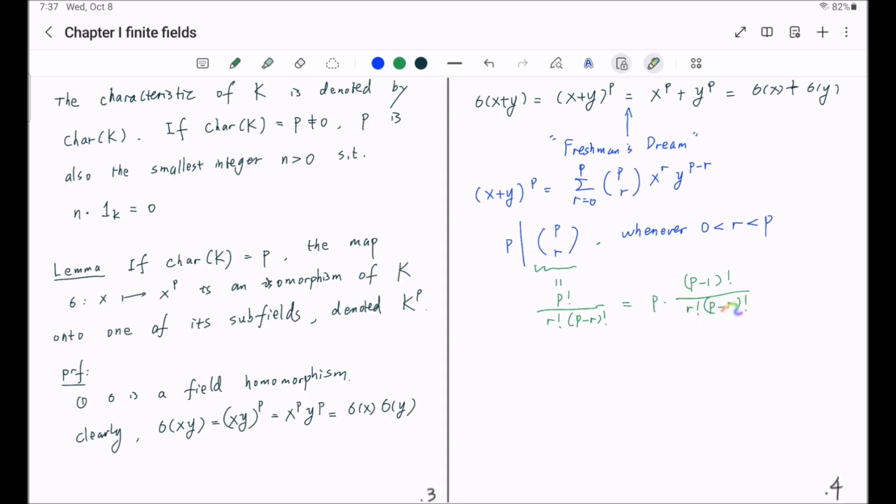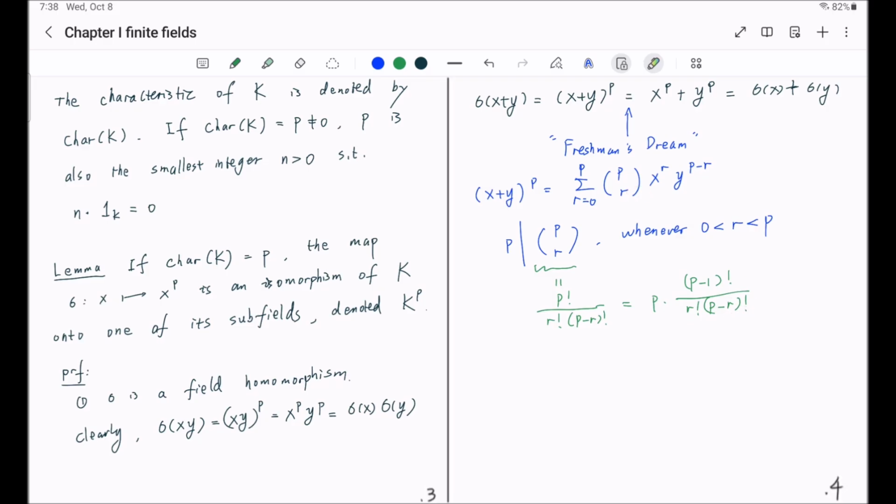Every factor in the denominator is coprime to p because r is strictly bigger than 0 and strictly less than p, and p is a prime. Because this denominator must divide the numerator, because this is an integer, and this whole denominator is coprime to p, this denominator must divide (p minus 1) factorial. So this part is an integer, and therefore p must divide the binomial coefficient.